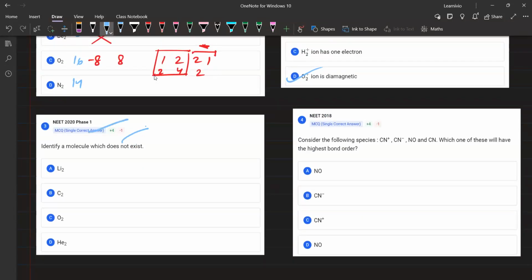Identify the molecule that does not exist. में क्या होगा? Bond order will be equal to 0.